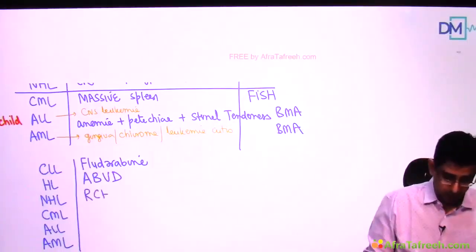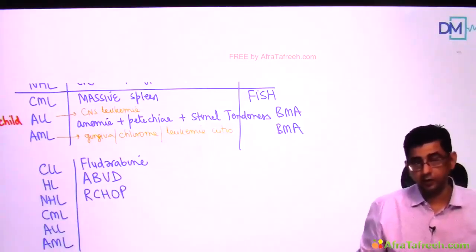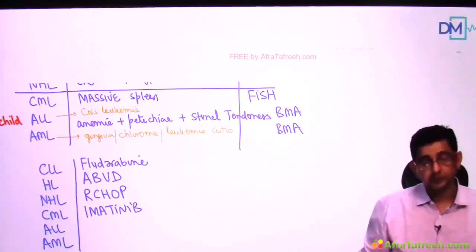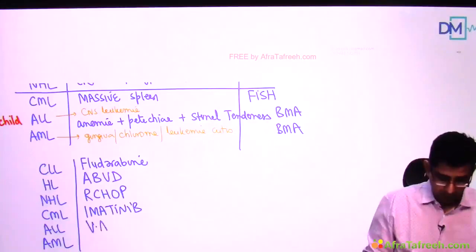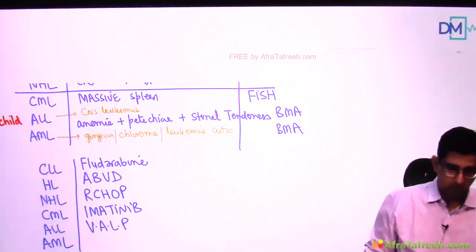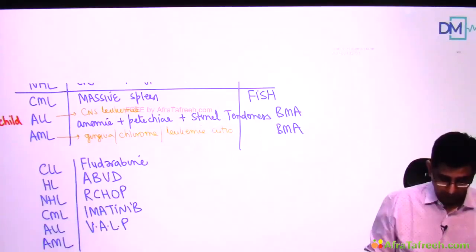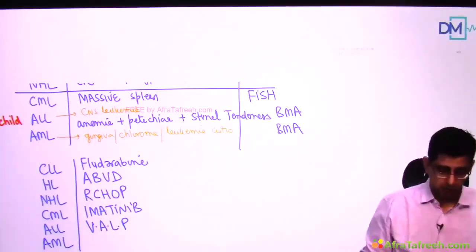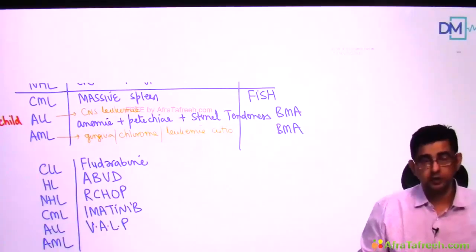R-CHOP, that is rituximab, cyclophosphamide, hydroxydaunomycin, oncovin, and prednisolone, with non-Hodgkin's lymphoma. Imatinib mesylate with chronic myeloid leukemia. Vincristine, adriamycin, L-asparaginase, and prednisolone with acute lymphoblastic leukemia. And ATRA, that is all-trans retinoic acid, is a feature seen with acute myeloid leukemia in a patient. Thank you.